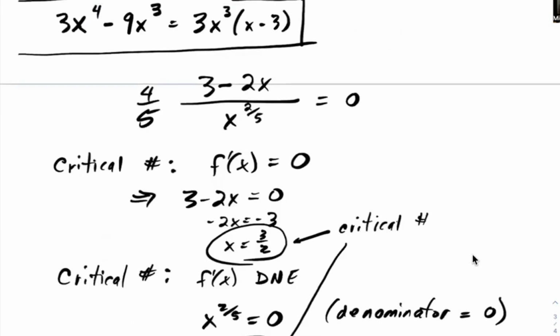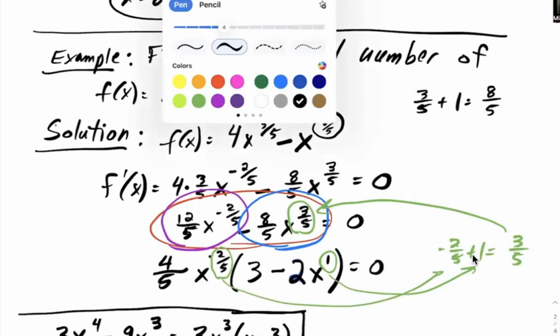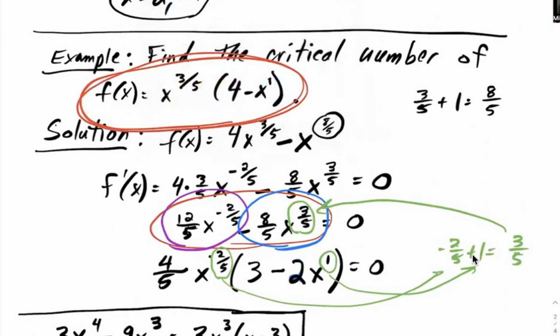If I go back to my previous example here, which I will here in red, is x equals 0 in the domain? Yes, I don't have any fraction there, no rational expression, no 0 in the denominator. And the x to the 3/5 out front is not a square root or a 4th root or a 6th root, it's a 5th root. So it's okay for x to equal 0.